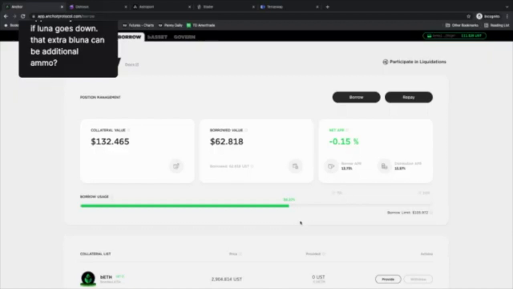So do you recommend that I repay that loan and clear that out as quickly as possible? Because as far as I see, I'm earning interest on this UST and using the UST sitting in Earn to DCA slowly into Luna. And I'm of the faith, just like you, that over time Luna goes up.